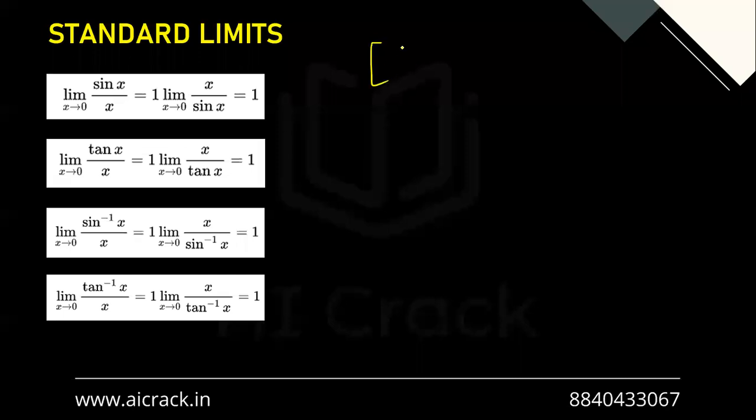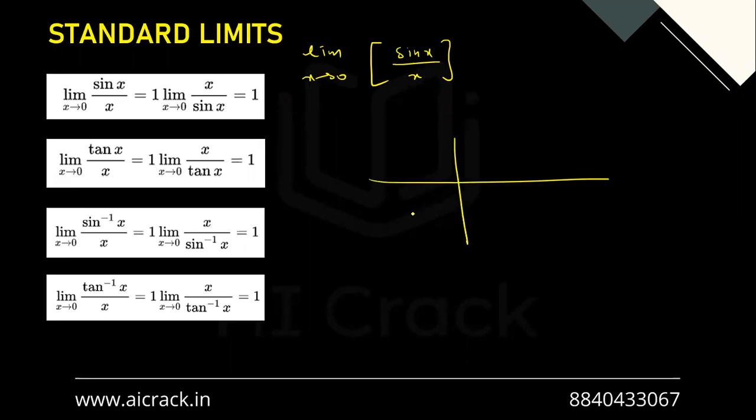Let's say we want to calculate the limit of sin x by x as x approaches 0. We know that y equals x is like this and sin x is like this. You'll have to understand this graph.